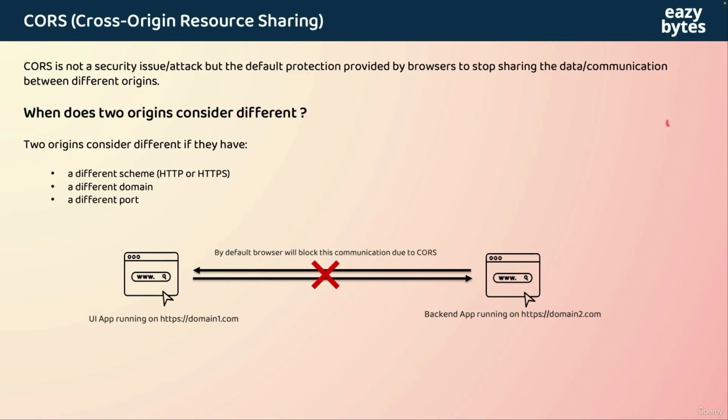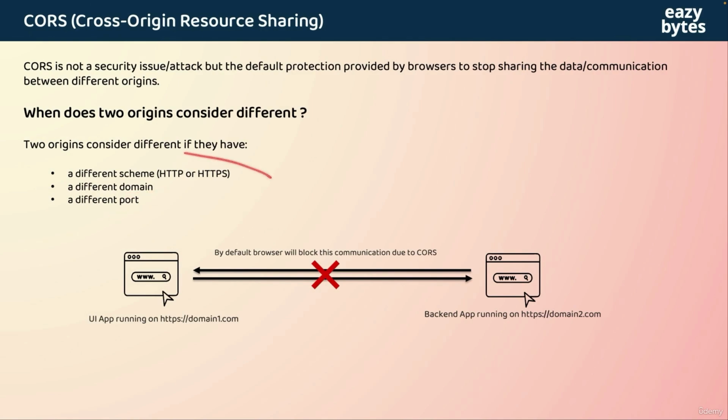Inside the second slide, I have shared more details on under which scenarios the CORS policy error is going to come. The browser will identify origins as different if any of these parameters are different. For example, if one application is using HTTP and the other application is using HTTPS, then the browser will assume two different applications are trying to communicate. The same applies for different domain names and port numbers.